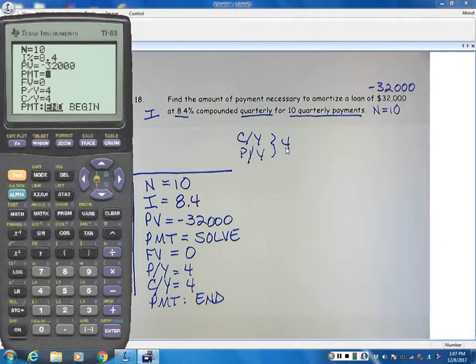So we will solve for the payment amount. And the amount of the payments is $3,581.11.